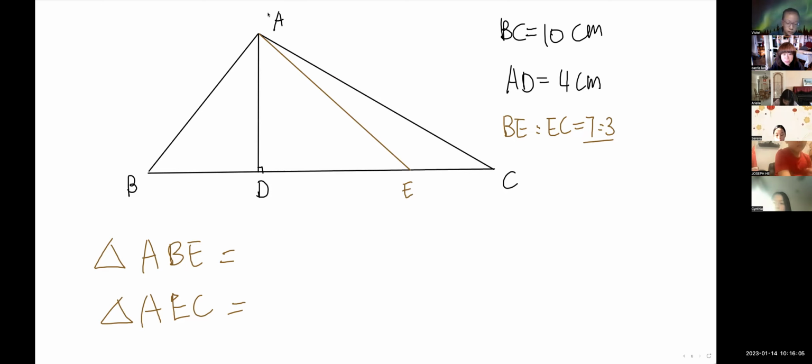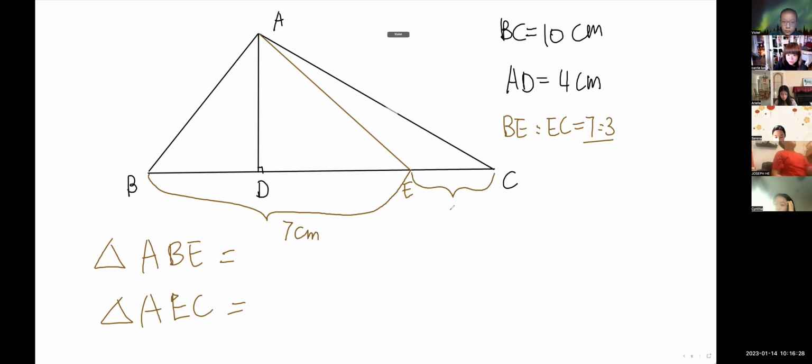Okay, so first of all, everybody, in order to find this area, we need to know the base times height, right? So there are two ways of doing that, okay? You see, BC equals 10 and BE to EC is 7 to 3. So we can easily say this one is 7 centimeters, this is 3 centimeters, correct, everybody?